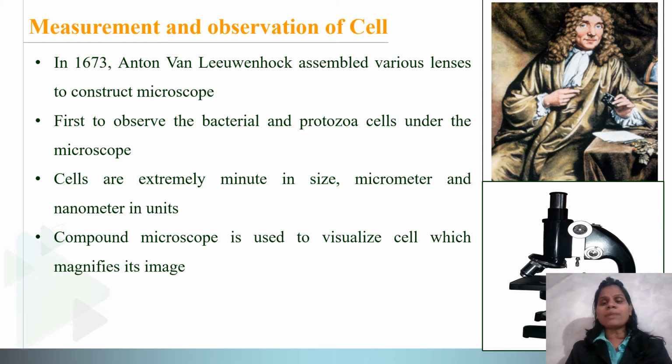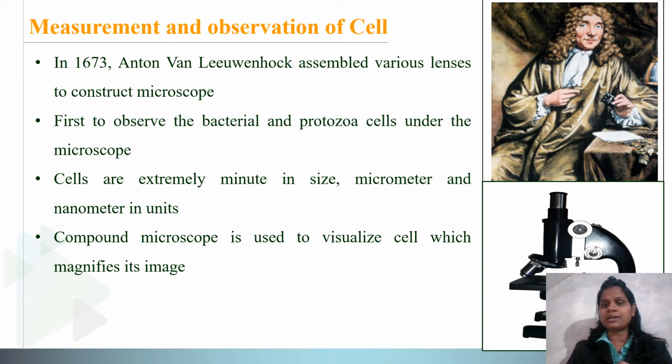Now, if we talk about the size of a cell, cells are extremely minute in size, about micrometer and nanometer. I just want to tell you that 1 centimeter is equal to 10 to the power 6 micrometer. So this small the cells are in size. And to visualize the cells, we generally use a compound microscope.